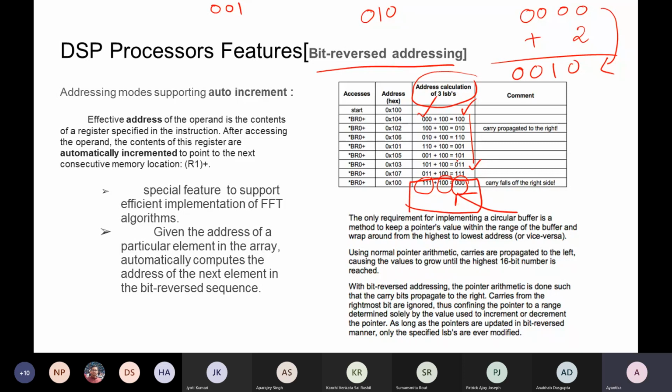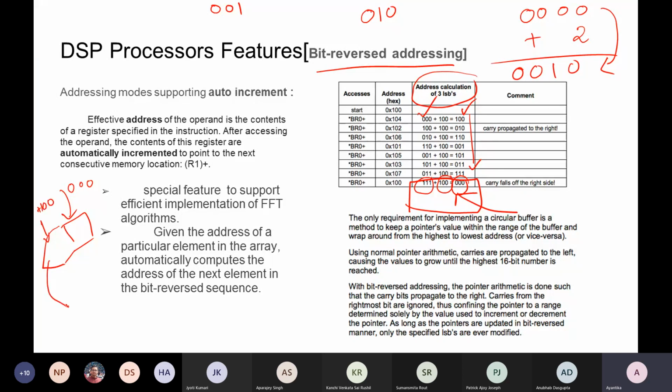So we have started from all 0. Then we have increased, we have stored our data, we have accessed the particular memory locations. Again, after a few steps, we are coming back to all 0. So I think this type of addressing justifies the implementation of a ring-like structure. Ring-like means you have started from this location with all 0. You have traversed to the next location with addition plus 100.